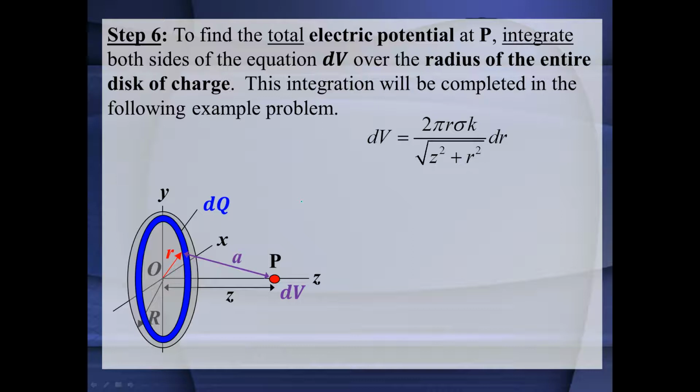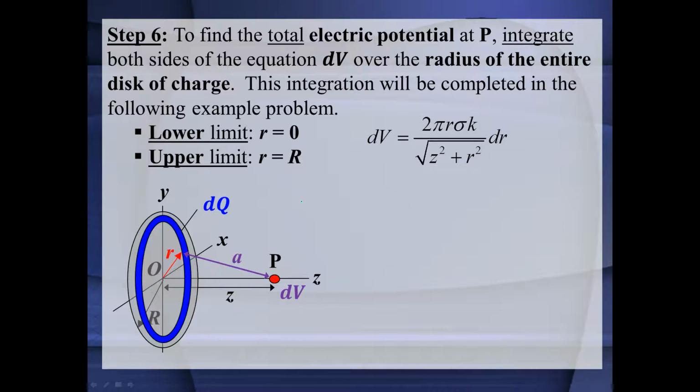Okay, we'll set the integral up right now, and then in the example problem we're going to solve it. My lower limit of integration would be where r is equal to 0. So that's where we're starting, at the center of the disk. That's where I'd want my first infinitely small ring to be located. And then my upper limit of integration would be r equals capital R, the outer radius of the disk.